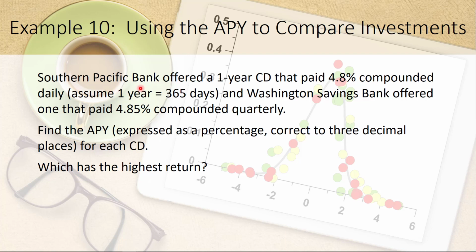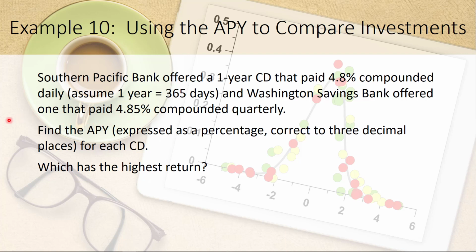We have Southern Pacific Bank that offers a 1-year CD that pays 4.8% compounded daily. We're going to assume that 1 year is 365 days. And then Washington Savings Bank offers a CD that pays 4.85%, a higher rate, but it is only compounded quarterly.